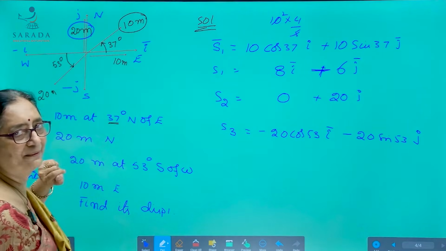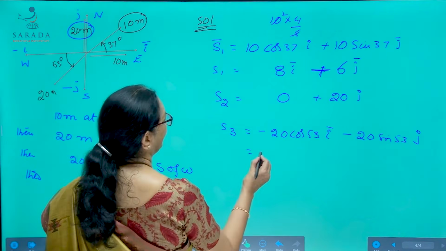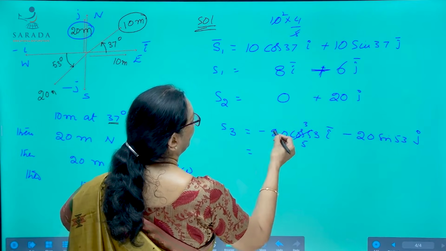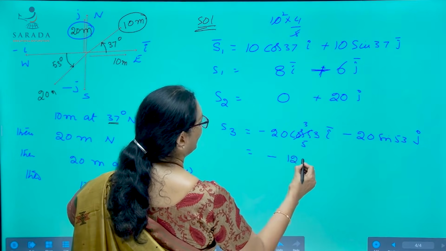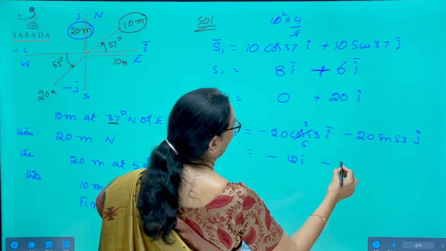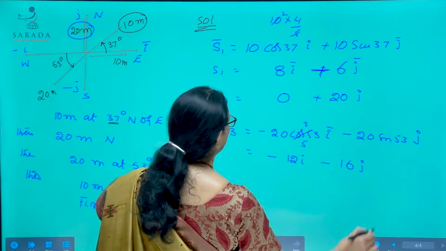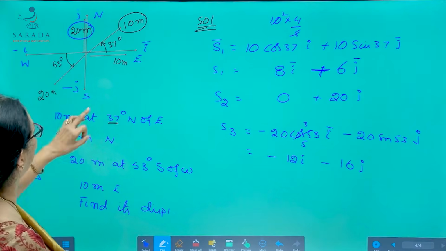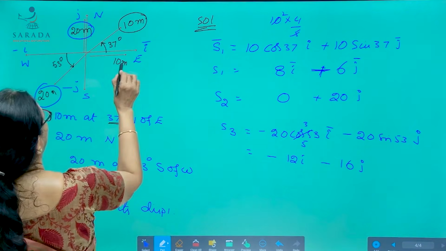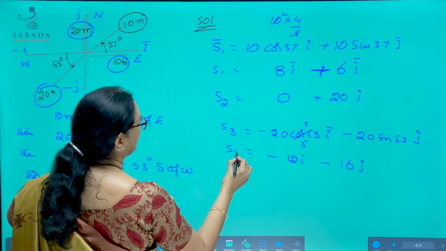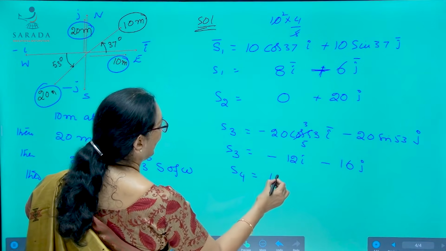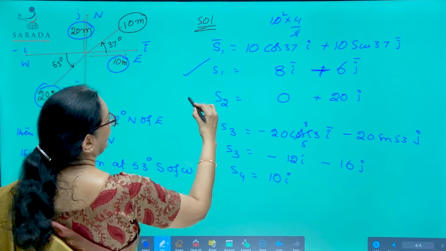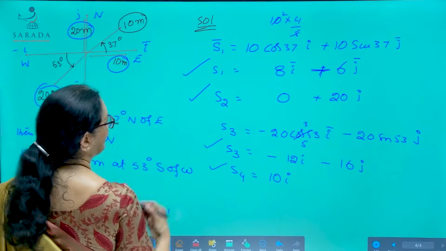South is taken as minus j bar. So if you simplify that, cos 53 is 3 by 5, 4 3s are 12, minus 12i, sin 53 is 4 by 5, minus 16j. The next one is 10 meters east. This is S3. Next is S4, 10 meters east. So we could find S1, S2, S3, S4.